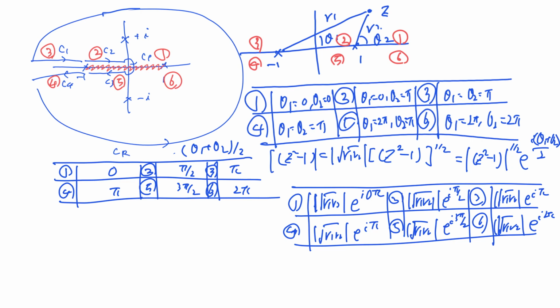So at 3 and 4, they are the same value, right? How about 1 and 6? 0 and 2 pi, same value, right?